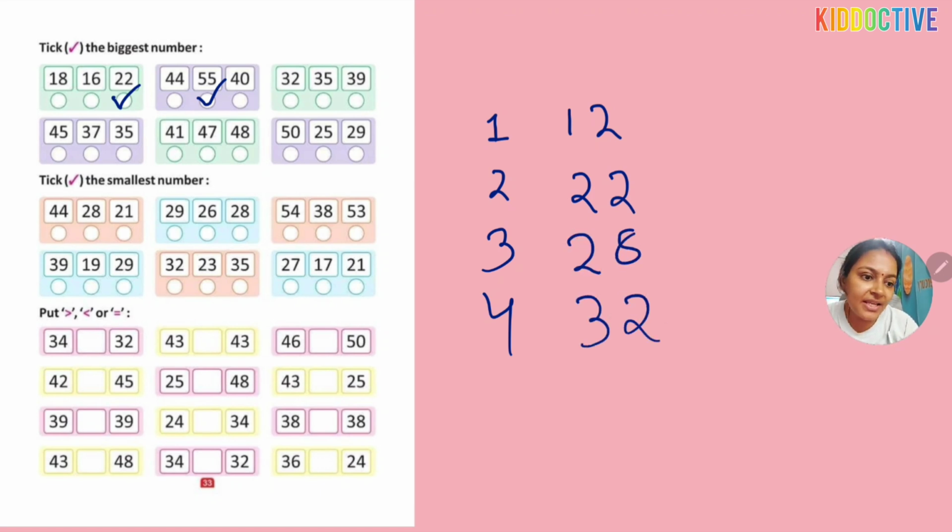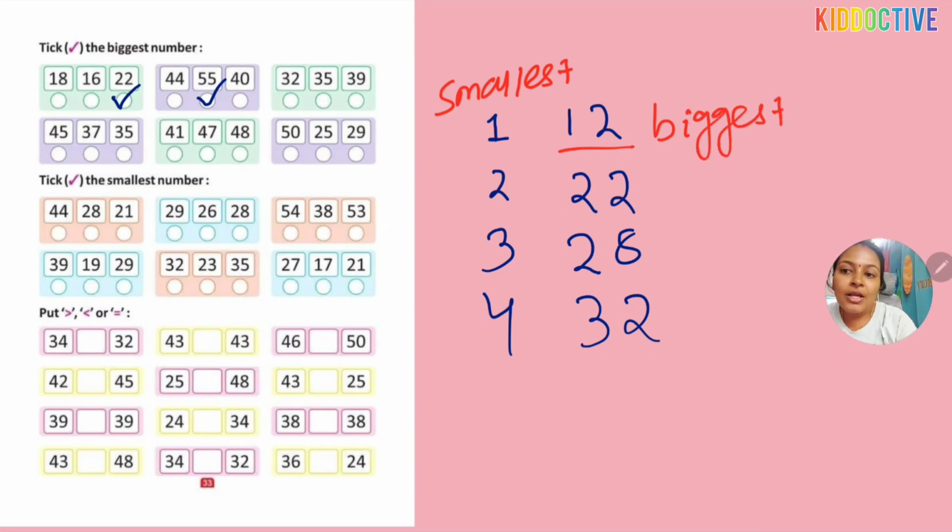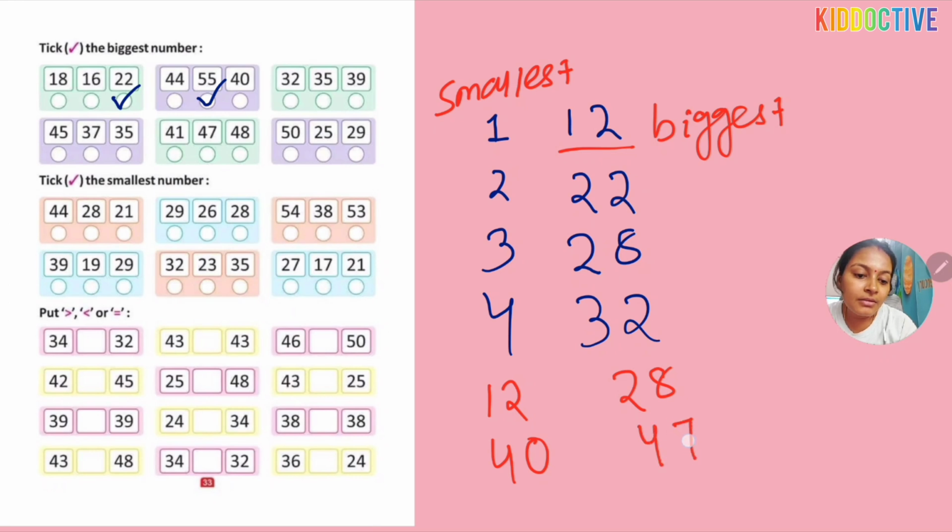Then it is very easy that the single digits are smallest and the double digit numbers are biggest or greatest. Okay. And if we compare 2 digit number with another 2 digit number, then at that time we are going to check the number in the first place.